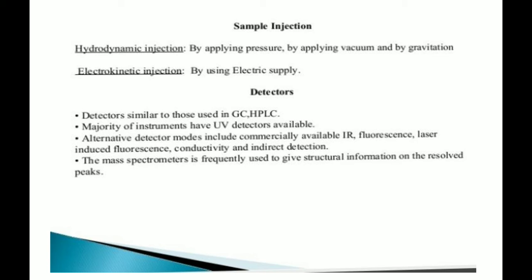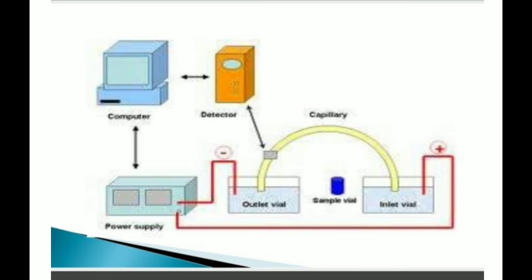So you can use those detectors for capillary electrophoresis also. The majority of instruments have UV detectors available. Alternative detector modes include commercially available IR, fluorescence, laser induced fluorescence, conductivity and indirect detection. Mass spectrometers are frequently used to give structural information on the resulting peaks. Okay, these are the detectors for capillary electrophoresis.